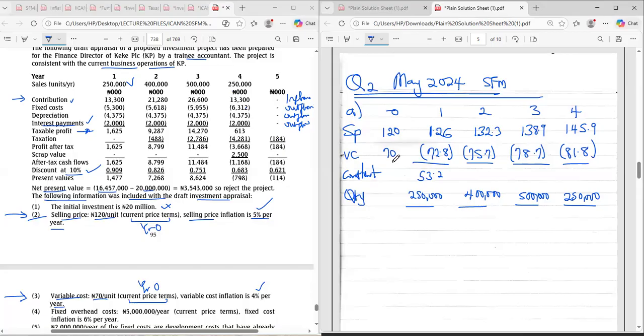We are not making any money here, 0. Then 56.6. Next, 61.4. Year 3, 60.2. Thank you. Now help me multiply. We should get good figures.